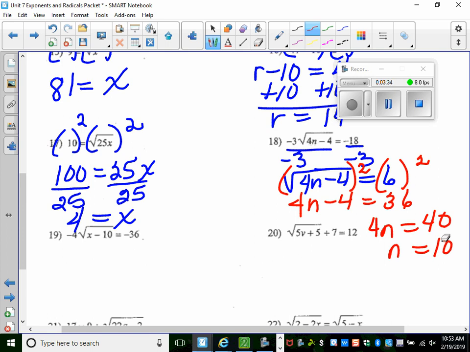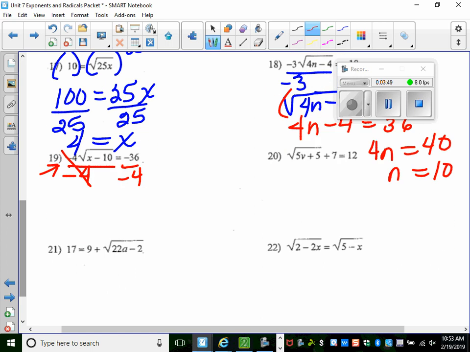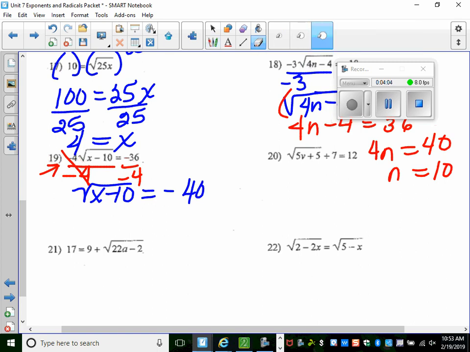All right, moving on to number 19. Again, we have this -4 that's being multiplied, so we're going to divide by -4. Okay, so that gets rid of that -4 on the outside because it equals 1 whole. We'll go ahead and bring down the x minus 10 under the radical equals... Sorry, not -40, we're dividing.